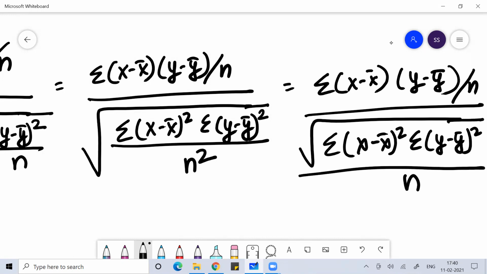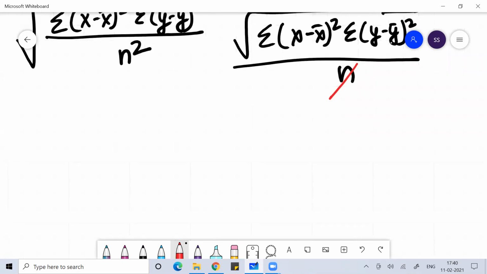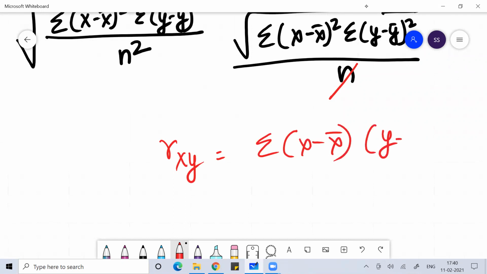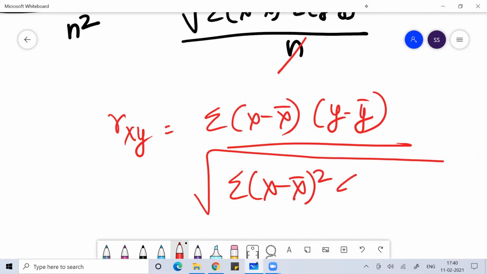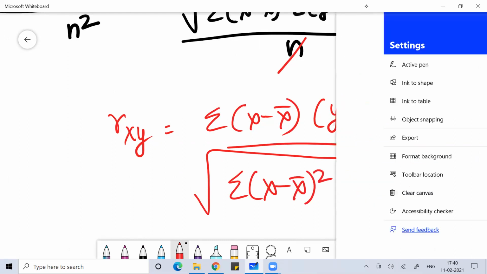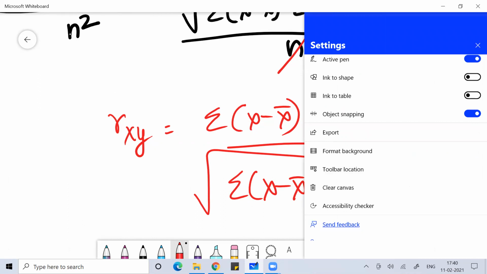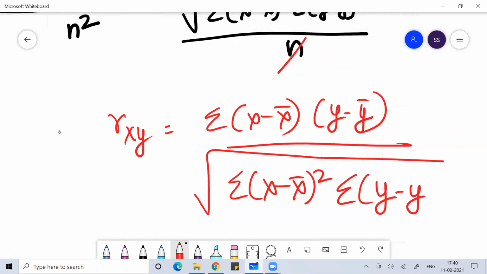So n and n you can cancel. So ultimately you'll get the formula which I told you, r of xy is equal to summation of x minus x bar into y minus y bar divided by square root of summation of x minus x bar whole square into summation of y minus y bar whole square.